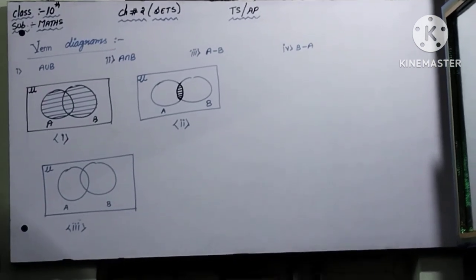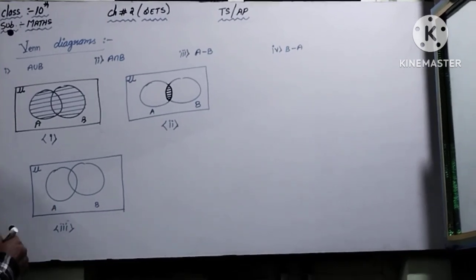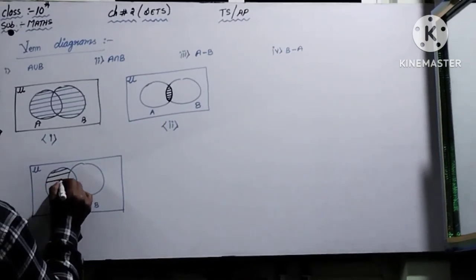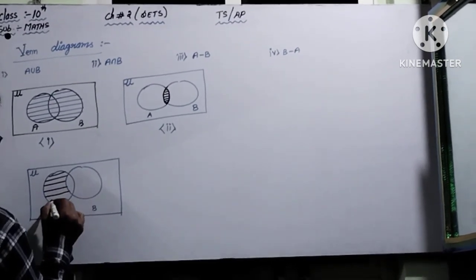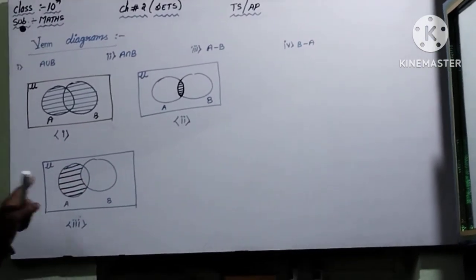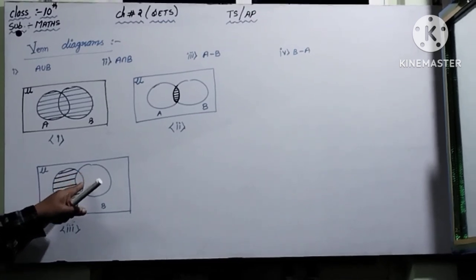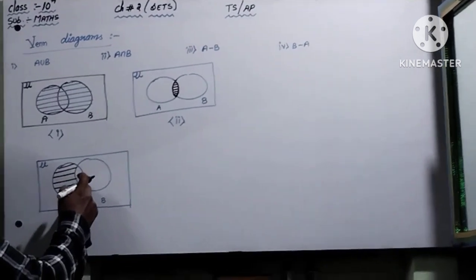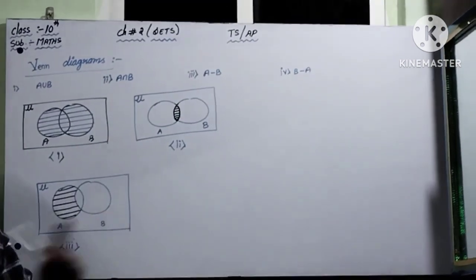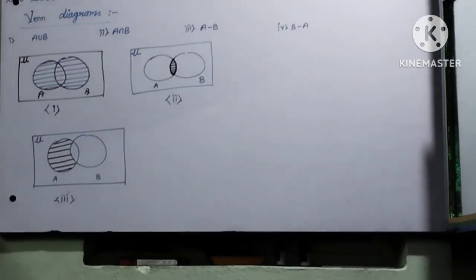So we write only A elements, the positive elements. This is the answer. Don't take the margins or lines of the intersection of A and B. B elements are negative, so don't mention B elements. Just write only A. Don't take the common part.